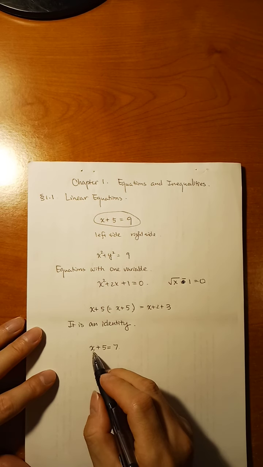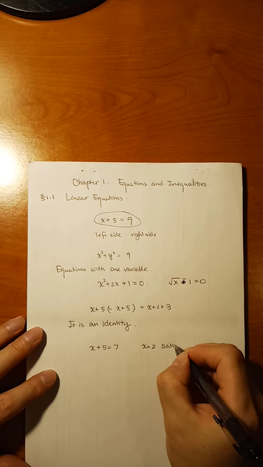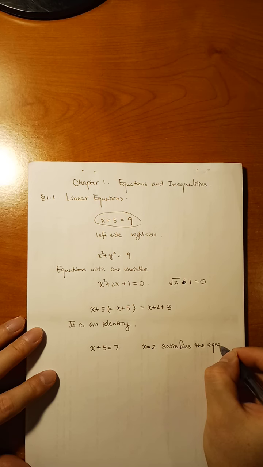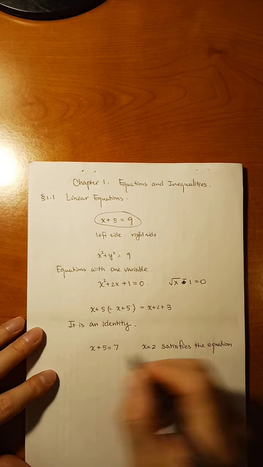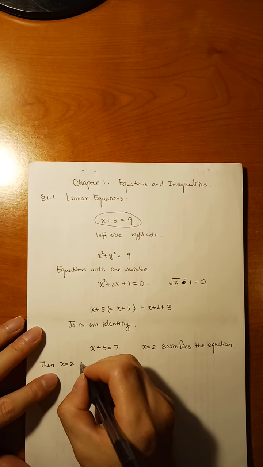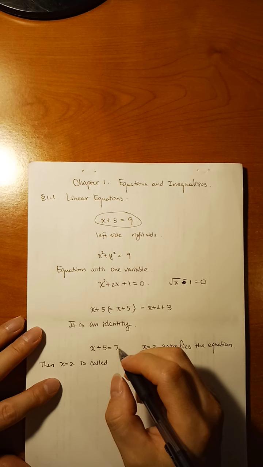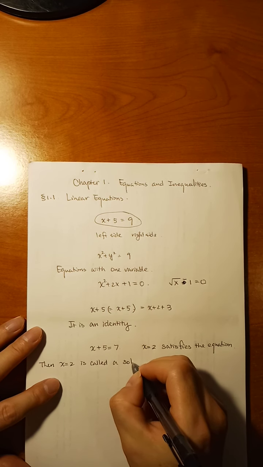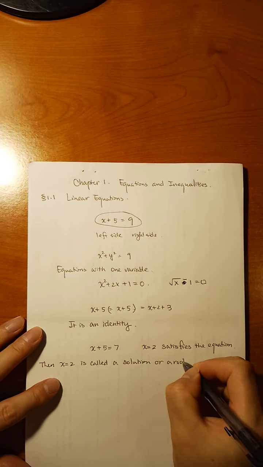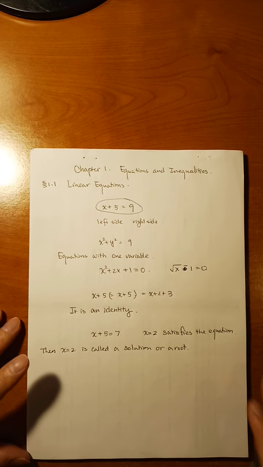If it's not an identity, you check that x equal to 2 satisfies the equation. Then x equal to 2 is called a solution or a root. You can call it a solution, you can call it a root.